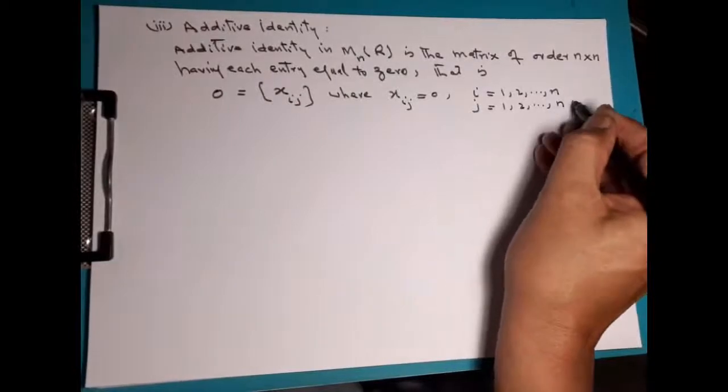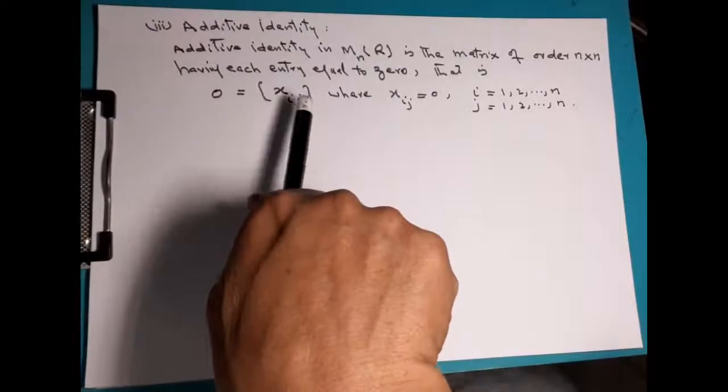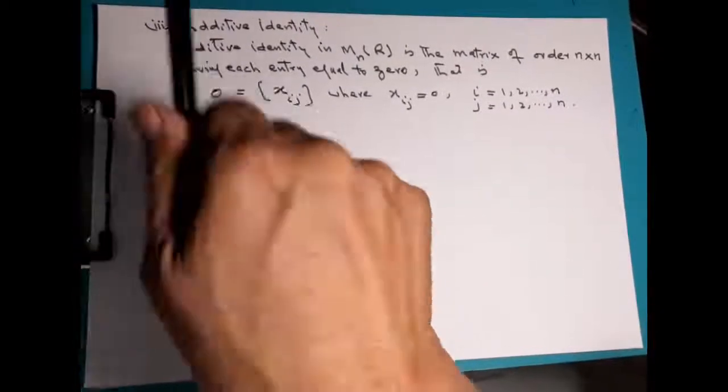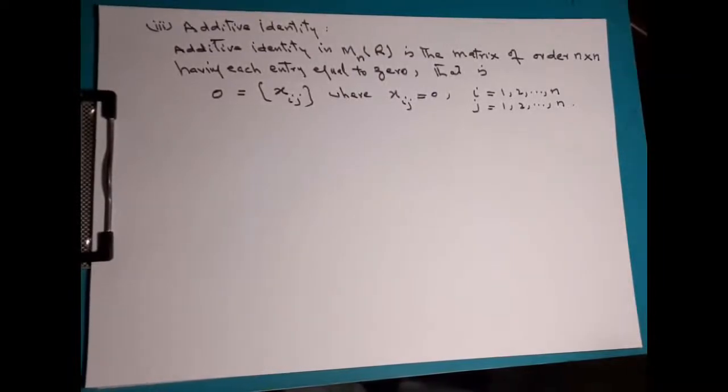So this will be a matrix having each entry equal to 0, and this can be very easily checked that this is additive identity. You can check it very easily on your own, because when you add two matrices such that one matrix has each entry equal to 0, and the second matrix is any matrix you like, then the result will be the matrix you have added with this 0 matrix. You can check it very easily on your own. So this is additive identity.